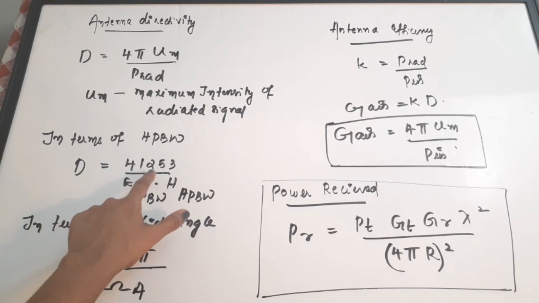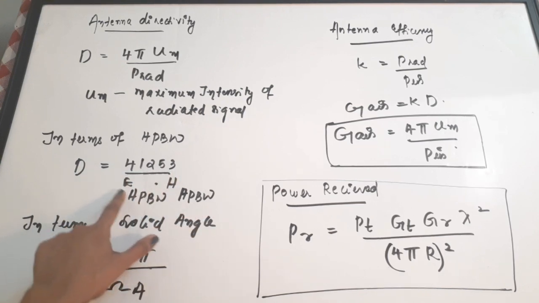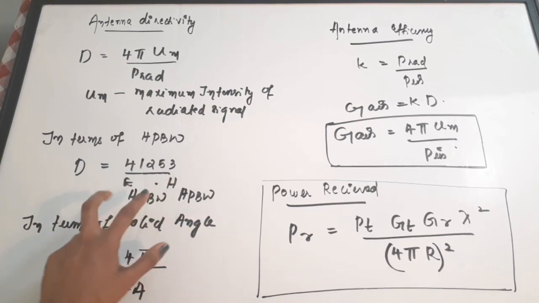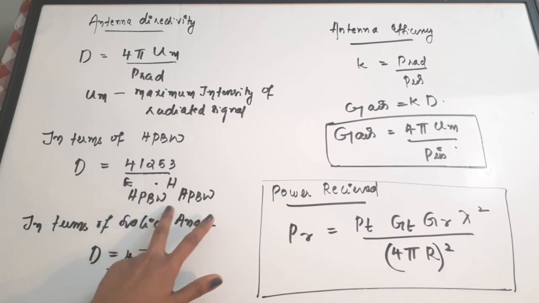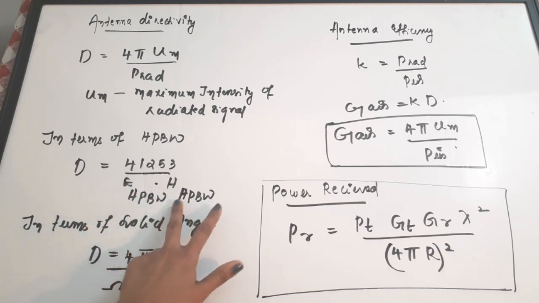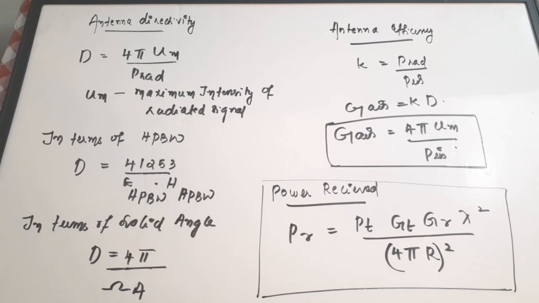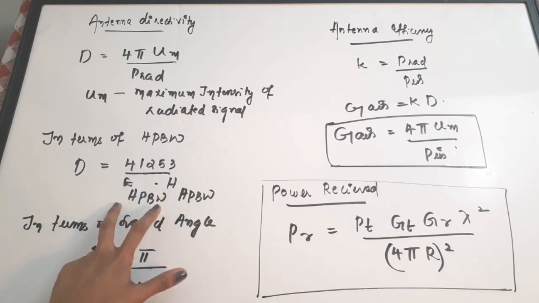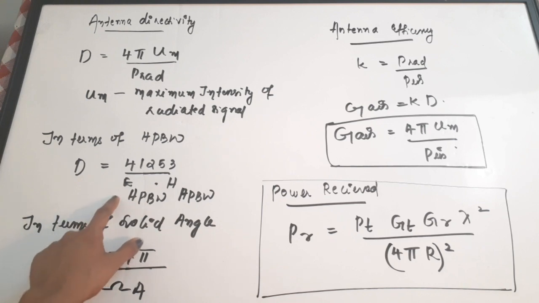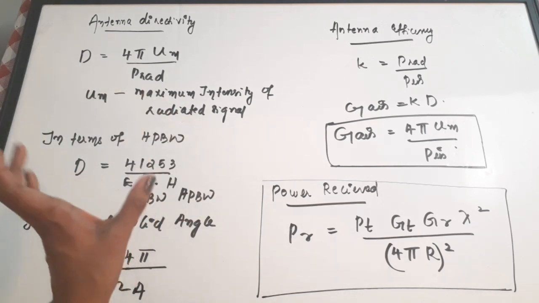D is equal to 41253 by the product of the half power beam width of the E plane and the half power beam width of the H plane, that is, the electric field plane and the magnetic field plane. So this is the directivity in terms of the half power beam widths.